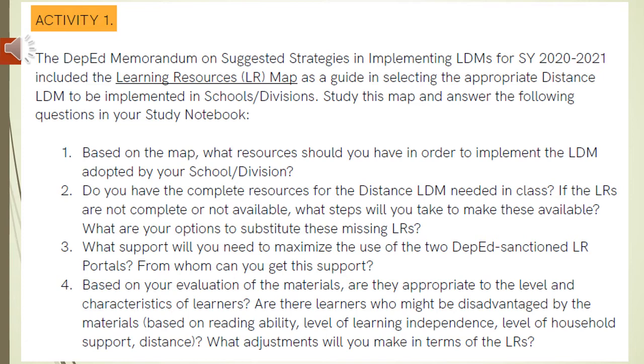And number 4, based on your evaluation of the materials, are they appropriate to the level and characteristics of learners? Are there learners who might be disadvantaged by the materials based on reading ability, level of learning independence, level of household support, or distance? What adjustments will you make in terms of the LRs?